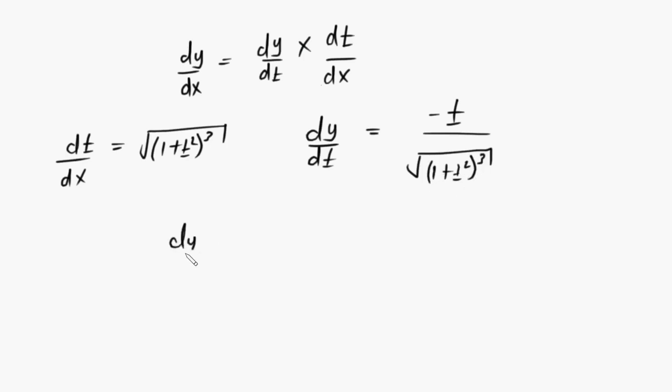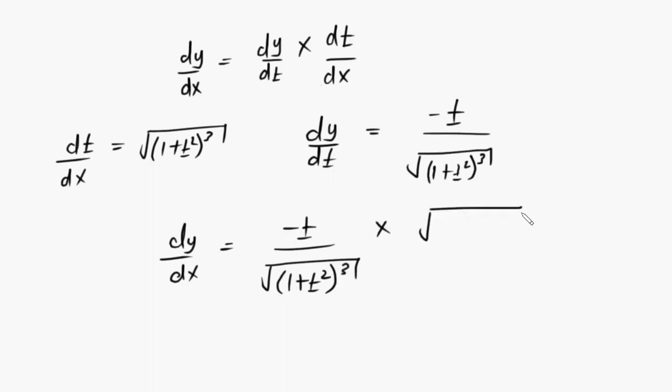So dy dx now I take this dy dt over this one, 1 plus t squared power 3, times this one, 1 plus t squared power 3 here. So this and this go. So dy dx is just equal to negative t, hence proved.